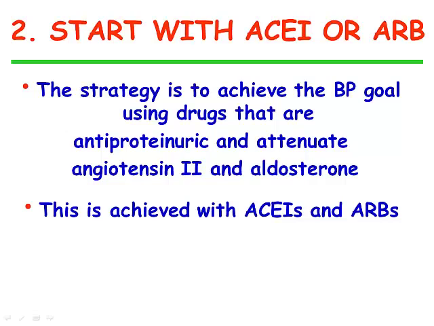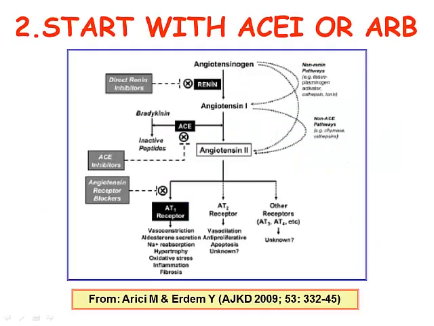The strategy is to achieve blood pressure goal using drugs which are antiproteinuric and attenuate angiotensin II and aldosterone. This is achieved with ACE inhibitors and ARBs. This is the RAAS system.